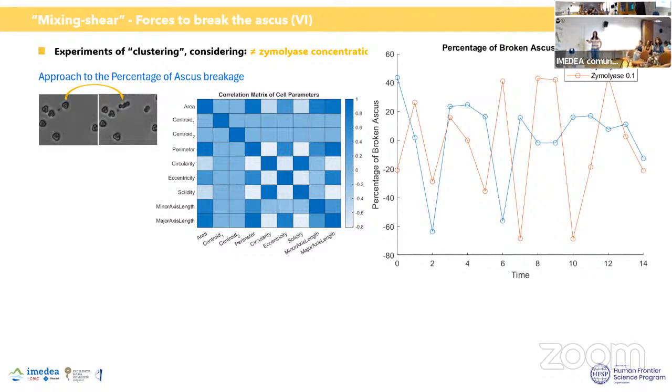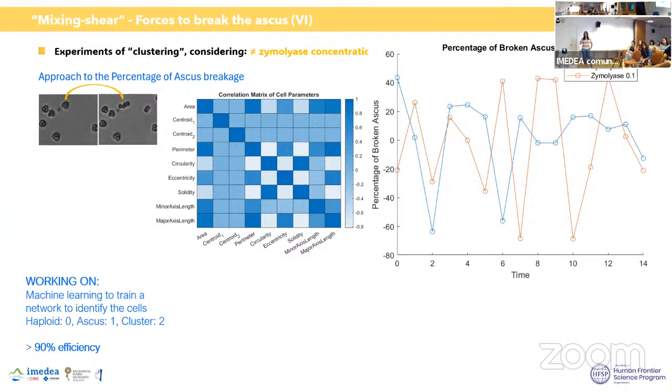The only thing that I want to explain is that there are values above 0, which means there is a high quantity of broken ascus if we compare the different cycles. Of course, sometimes there are not. The minus values mean that there is no broken ascus from one to the other, but if we are accumulating, there is some present. But we need to improve that.